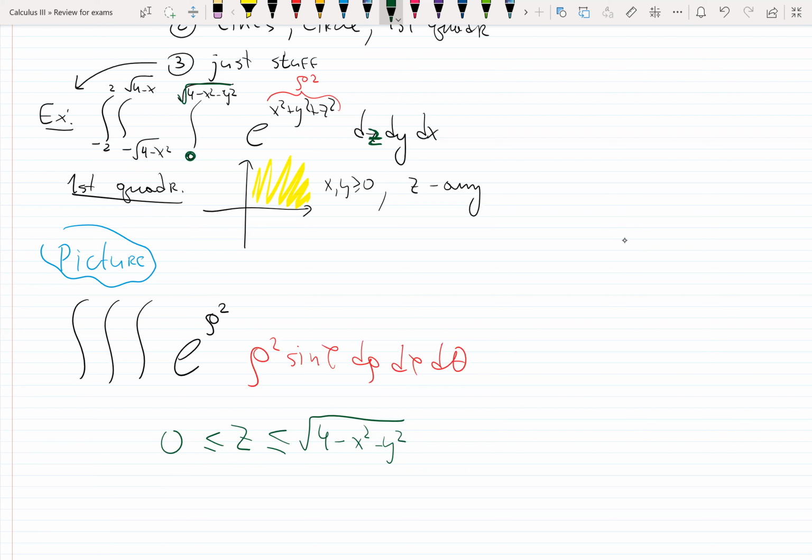Let me write it down nicely. Z squared plus x squared plus y squared equals 4. That's a sphere with a radius 2, right? Now you know. It's just not the whole sphere because of the square root. Z has to be positive. So now you know it's restricted. So rho showed up. And now you know that your rho is from 0 to 2.